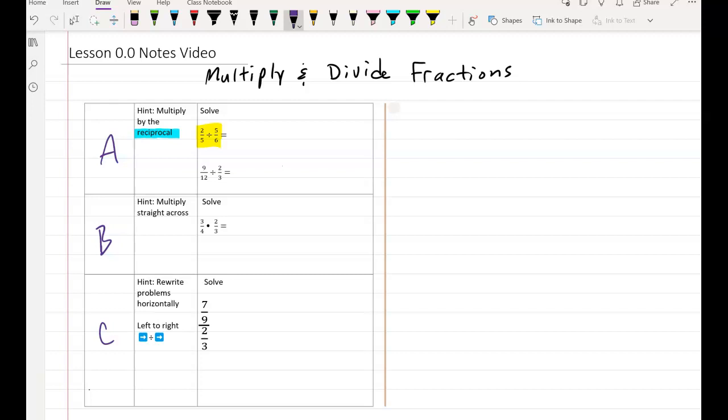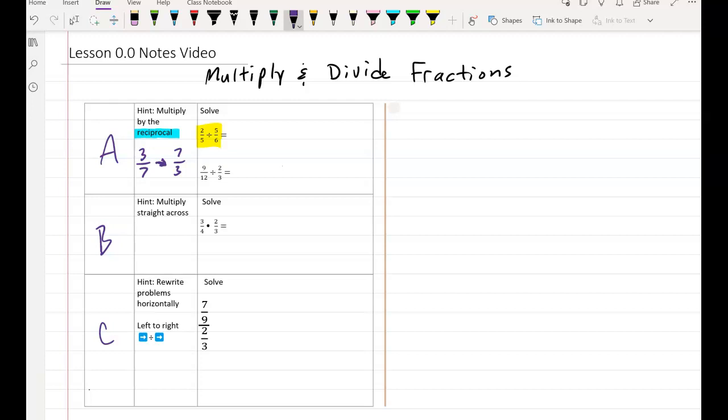Let's say that I have a fraction of 3/7. For the reciprocal, I just take that fraction and put the denominator on top and the numerator on the bottom, and so the reciprocal of 3/7 is 7/3. Easy peasy, right?